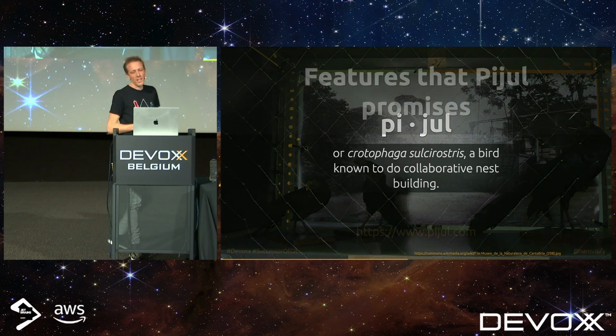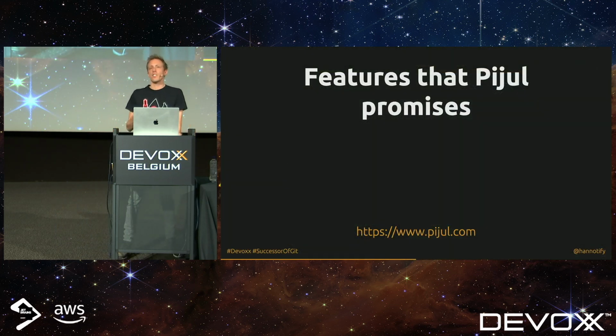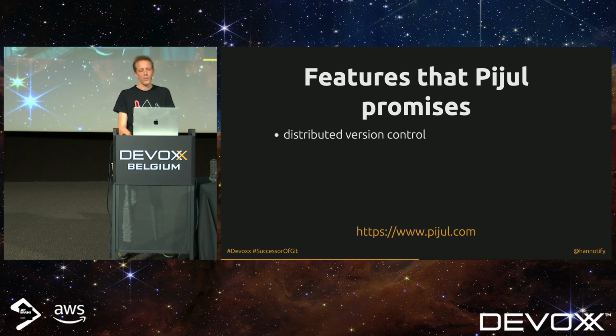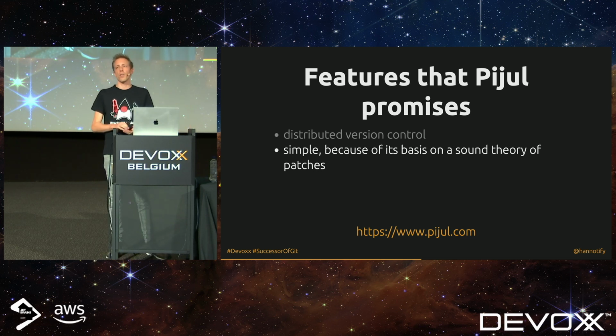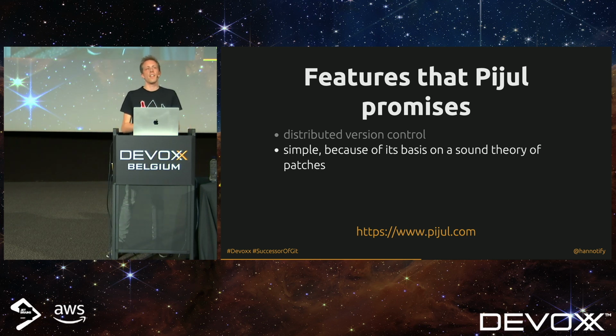So Pickle it is. This version control system was first published in 2015, and it's patch-based. Also distributed, by the way, but the patch-based thing is kind of neat. It's based on the sound theory of patches. They've got all these mathematical proofs that their patch theory works, and that it doesn't lead to many conflicts, with all kinds of examples.